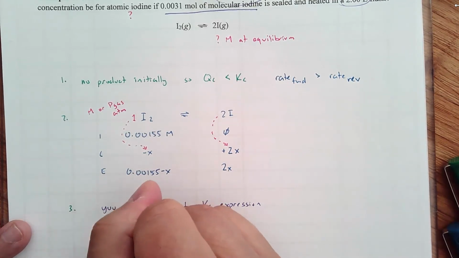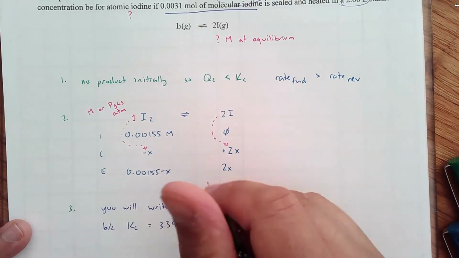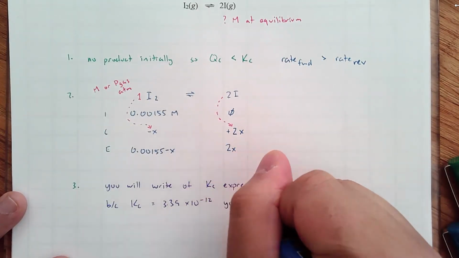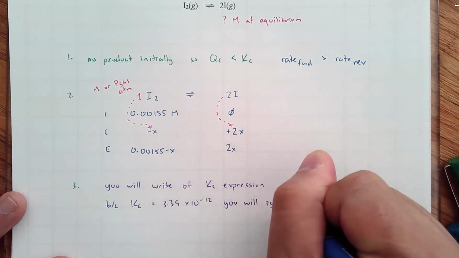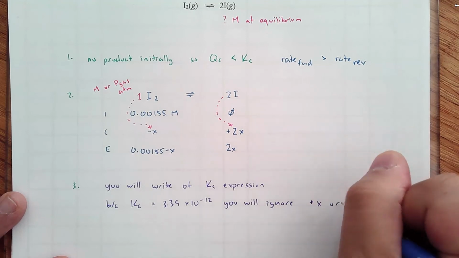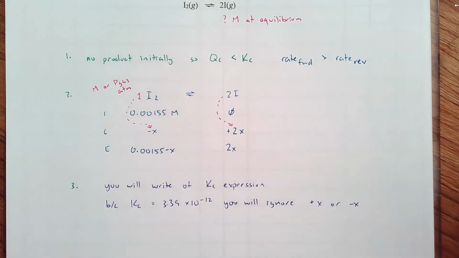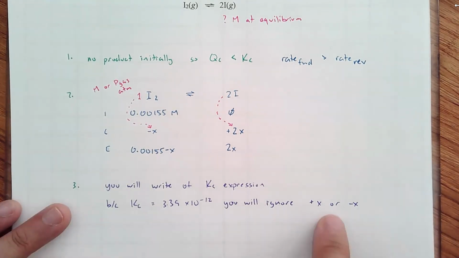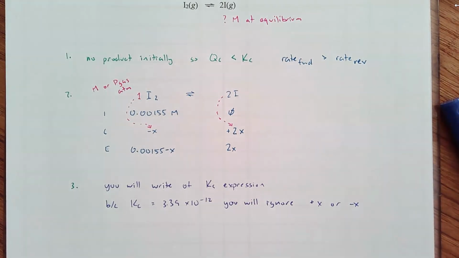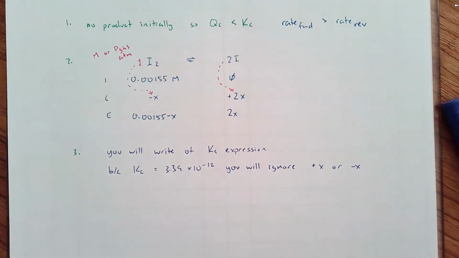Because Kc equals 3.39 times 10 to the minus 12, you will ignore any plus x or minus x. Typically it's going to be one of those. Sometimes there will be a plus 2x, minus 2x, but let's not worry about that here. Honestly, boy, I'm very erratic. Let me do this problem. Why not? We have time.